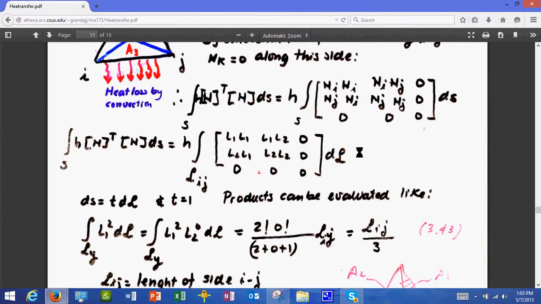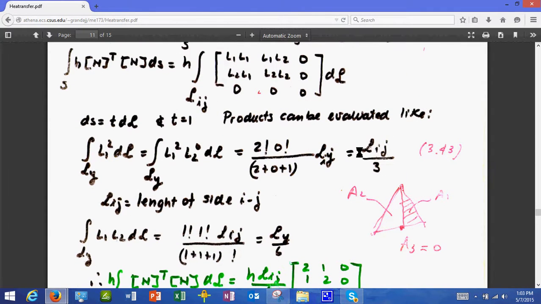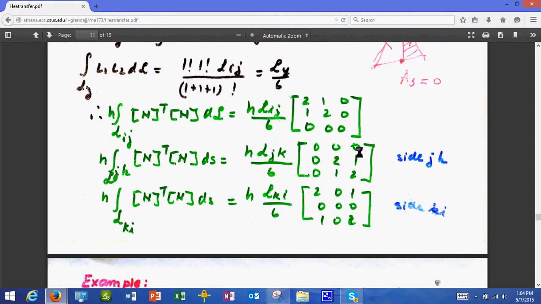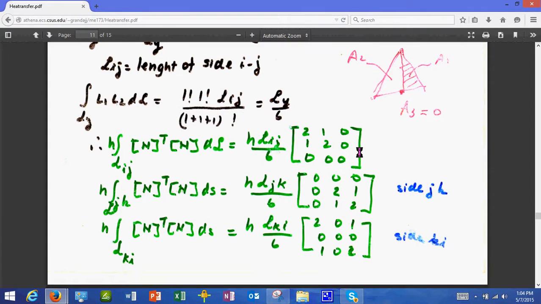Okay, depending on what other conditions you have, they need to come in here. The bottom line is we have developed three matrices for each side.